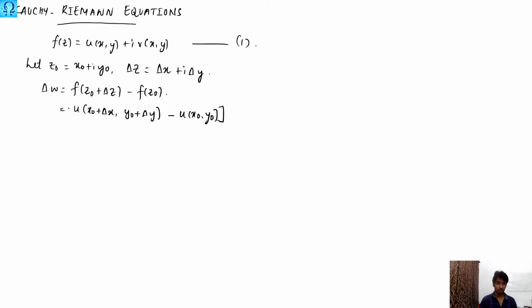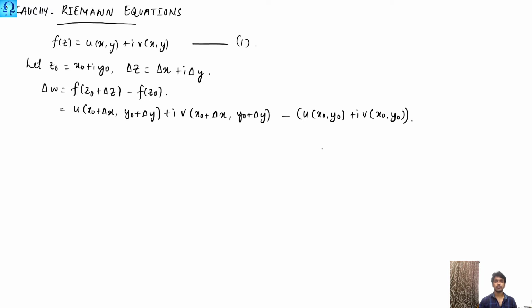This is going to be the real part. Actually, let me write completely. Plus iota times v of x naught plus delta x comma y naught plus delta y minus v of x naught y naught.